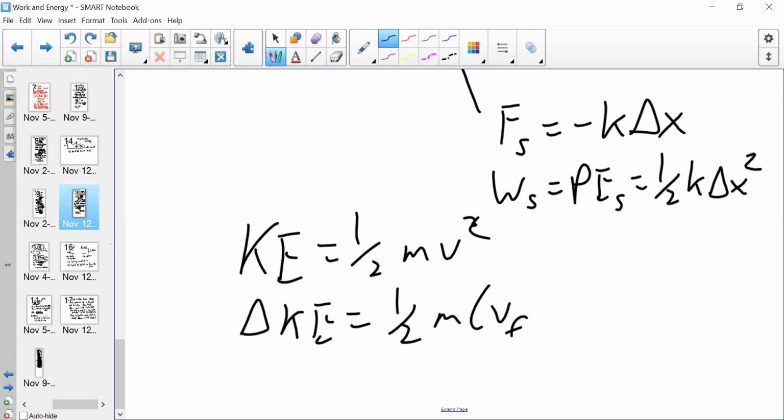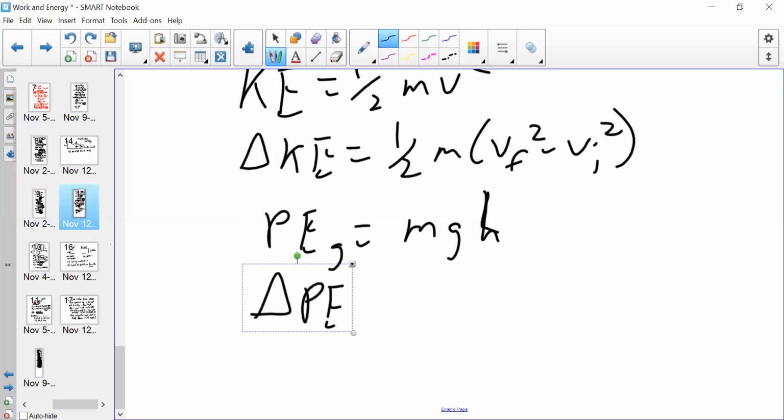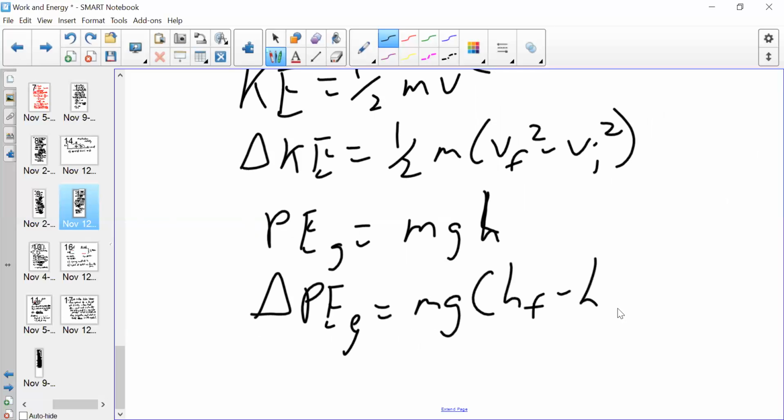V final squared minus V initial squared. Then gravitational potential, mgh, mg delta y. Change in gravitational potential is mg final height minus initial height, and so on, right?